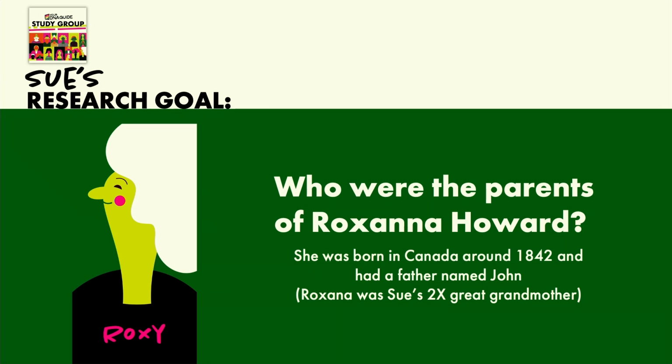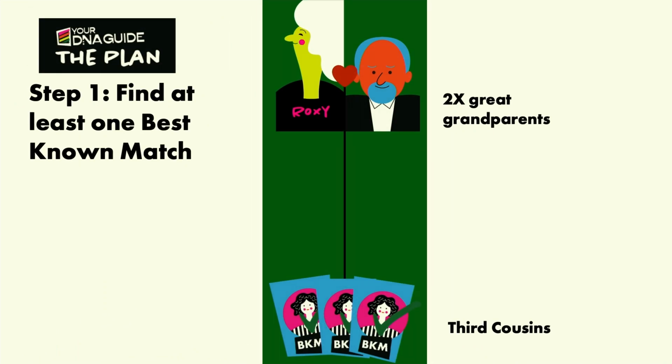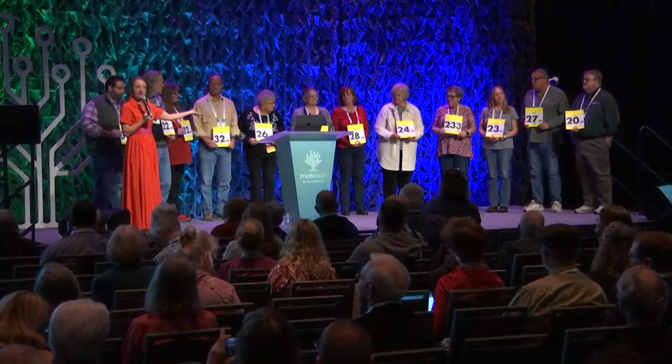Find your best known match, right? So what I've done is find best known matches, people who are descendants of Roxana and her husband. We're going to call her Roxy. Using the shared matches tool and match labeling, we have found a network of matches.